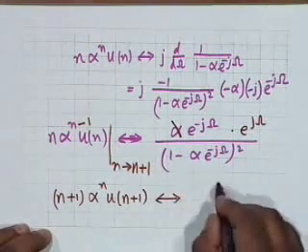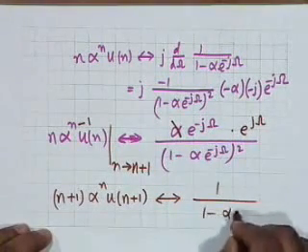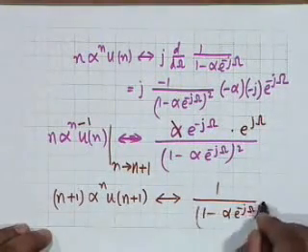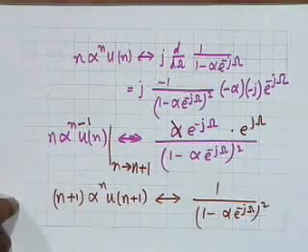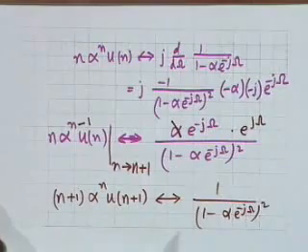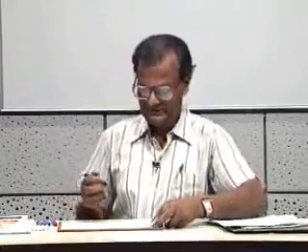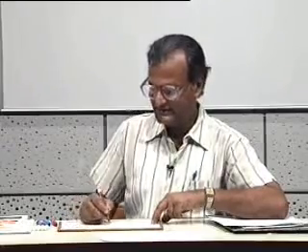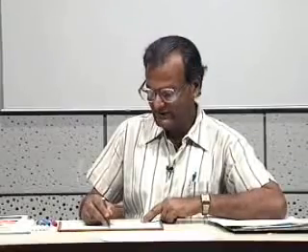This would be the transform of 1 by 1 minus alpha e to the minus j omega whole squared, and therefore, is it okay? Therefore our desired y of n would be equal to n plus 1 alpha to the n u of n plus 1, which I can write as n plus 1 alpha to the n u of n.